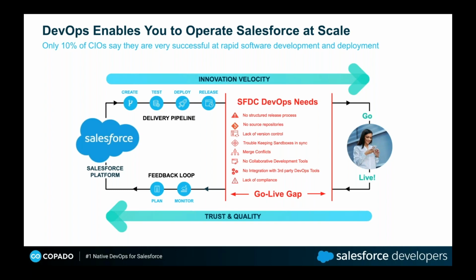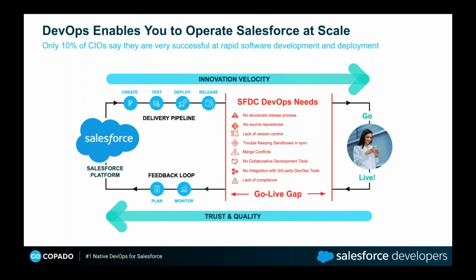And probably the biggest issue is with these very large delivery teams, over 5, 10, sometimes we're seeing delivery teams at Salesforce of over 200 individuals. How do you get everybody onto the same page? And of course, as Andrew Davis mentioned, there's a massive third-party DevOps revolution going on.